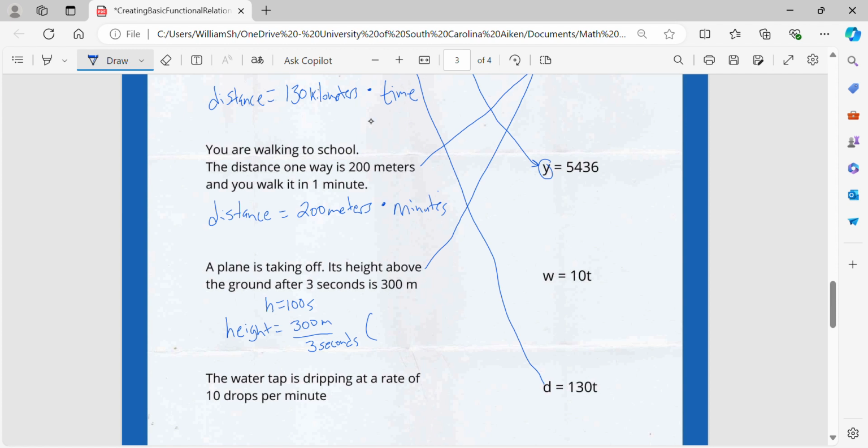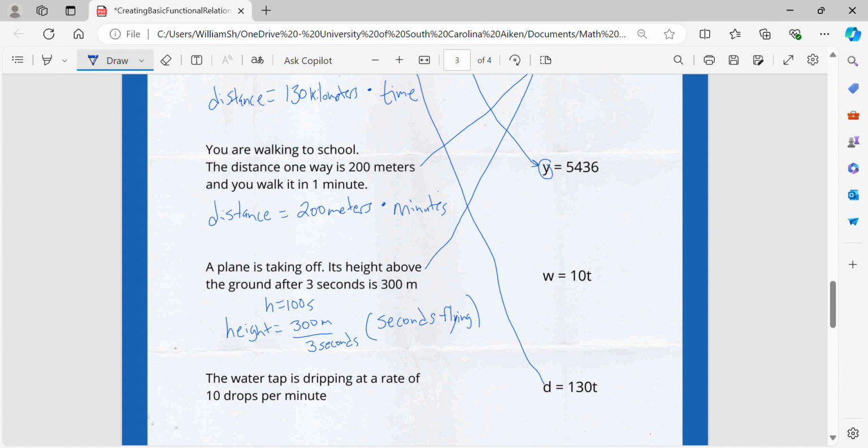And we're also multiplying that times s. s is the number of seconds that we have been above the ground. You can even call it seconds flying because we're in a plane.